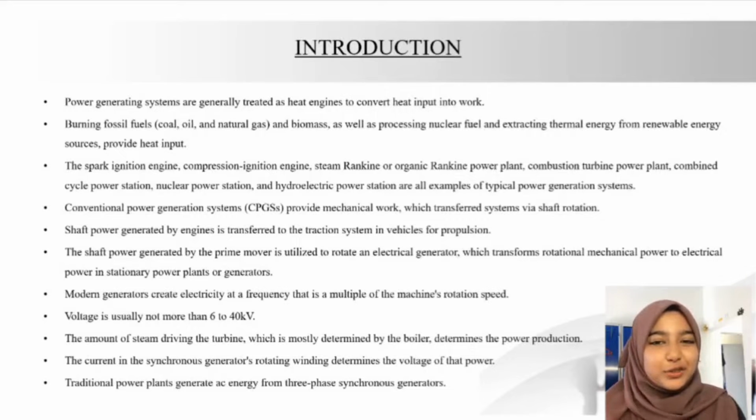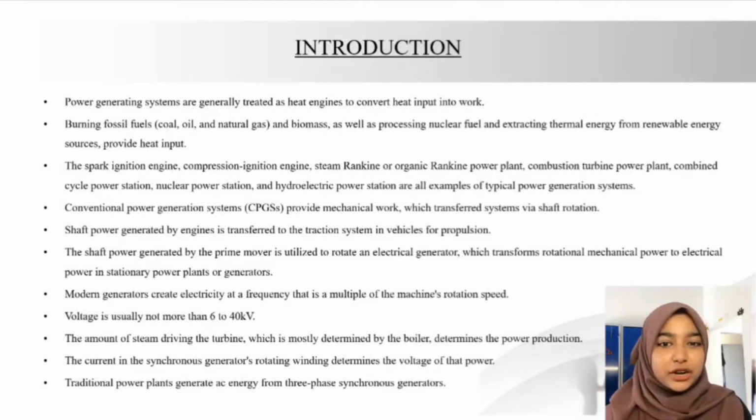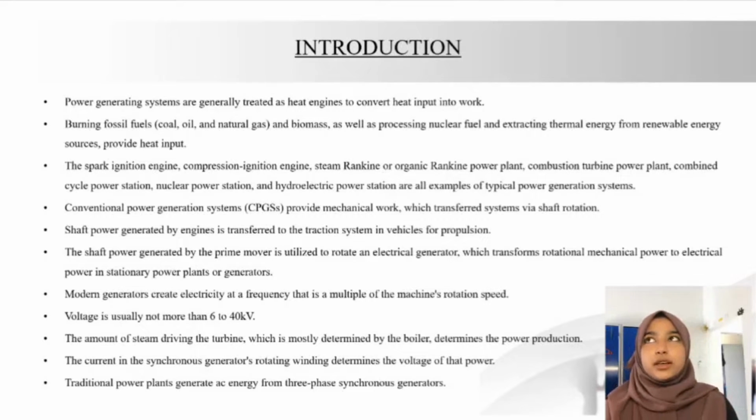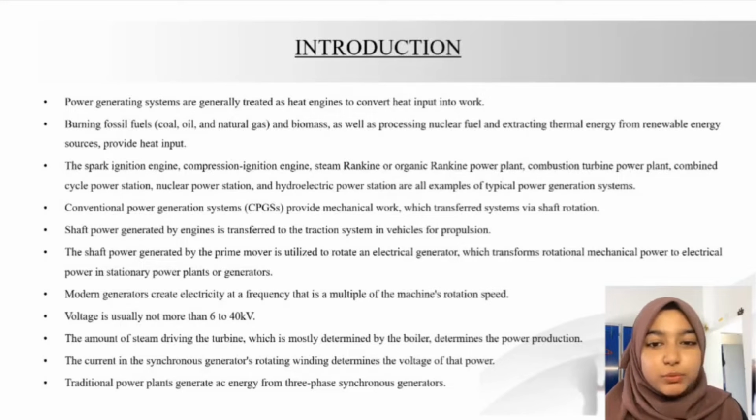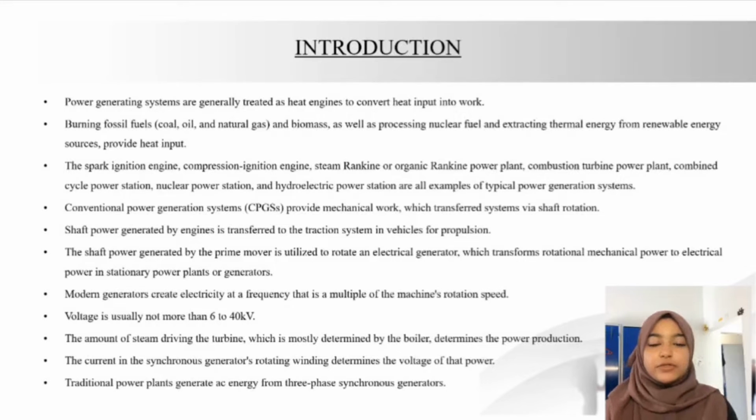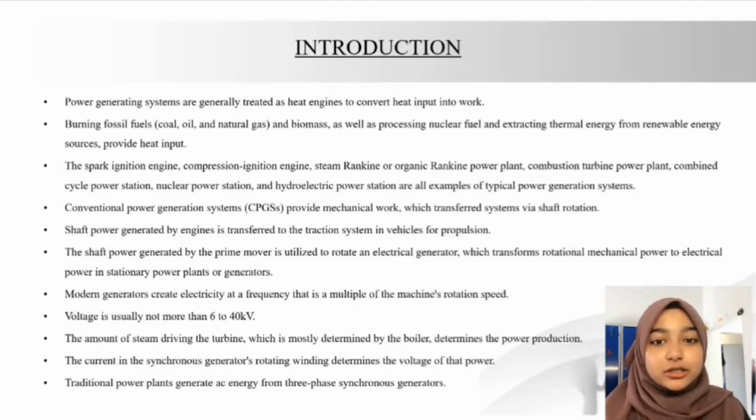Voltage is usually not more than 6 to 40 kV. The power output is determined by the amount of steam driving the turbine, which depends mainly on the boiler. The voltage of that power is determined by the current in the rotating winding of the synchronous generator.